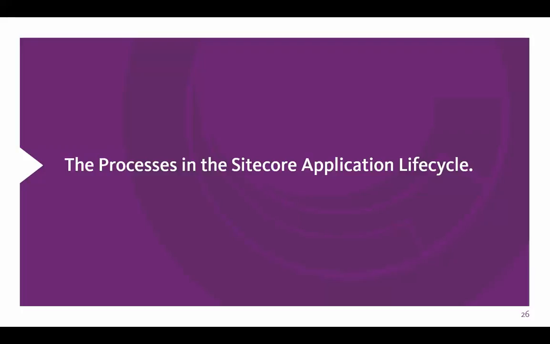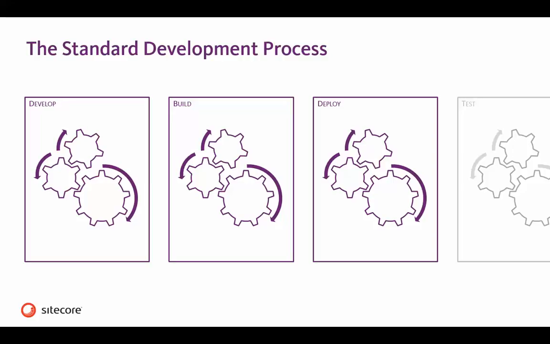So if we look at processes in the Sitecore application lifecycle, a standard development process typically consists of a number of overall steps. So we'll have the development step, the build step, and the deployment step, and we might have more steps that are not part of this strategy, like testing and things like that.